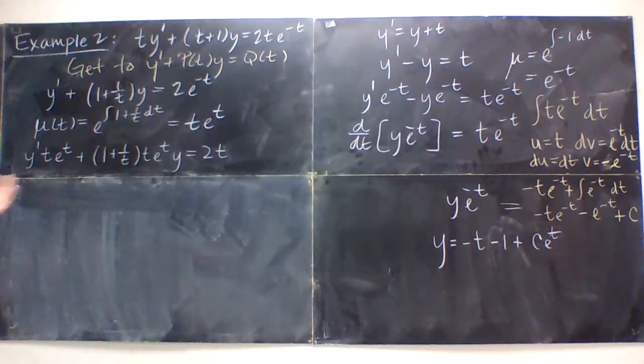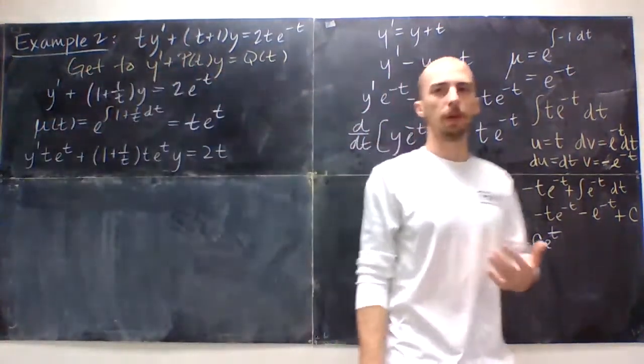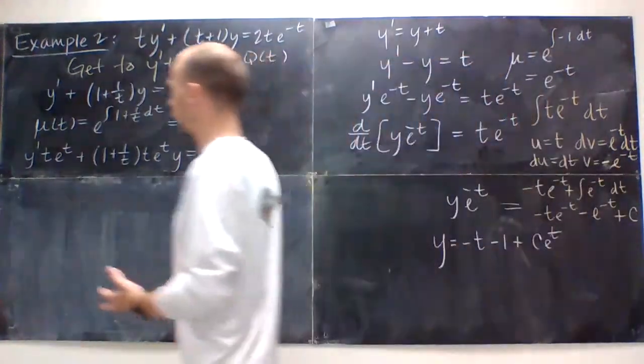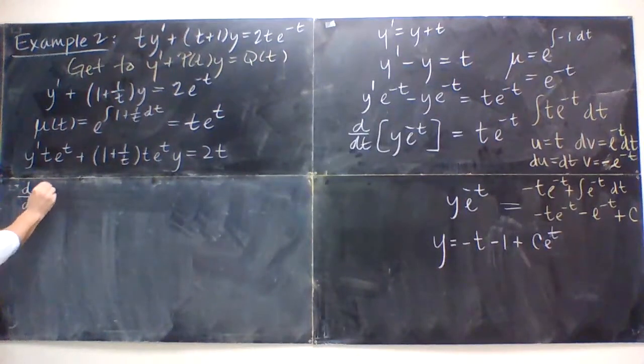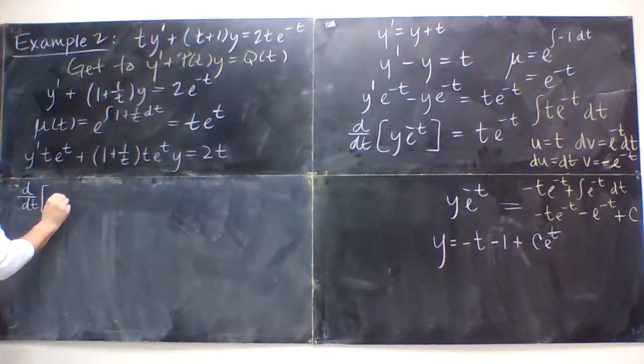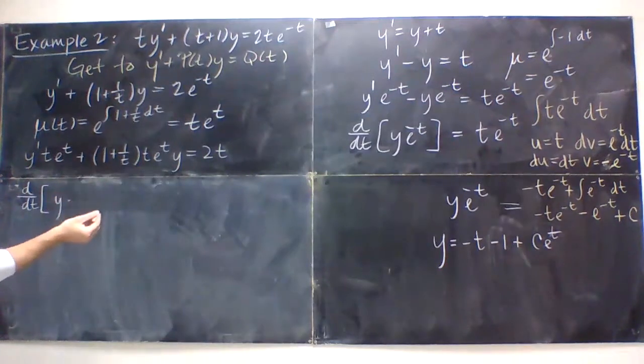Now, you could maybe grind through this and convince yourself of it, or you could just say that this is the derivative with respect to t of y times mu of t.